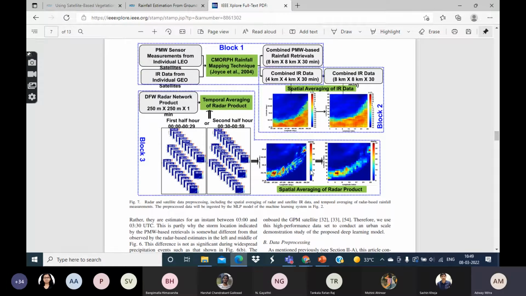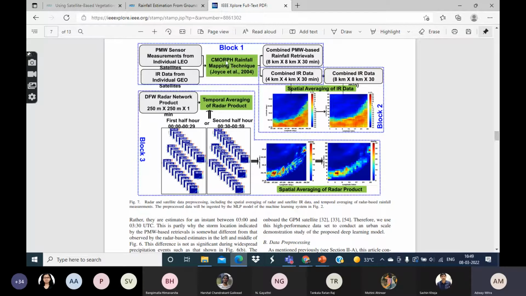Once you have got these kinds of products, they give you very high spatial resolution estimates of the rainfall. Now we can always do spatial averaging and compare them to any data products with which you want to compare.